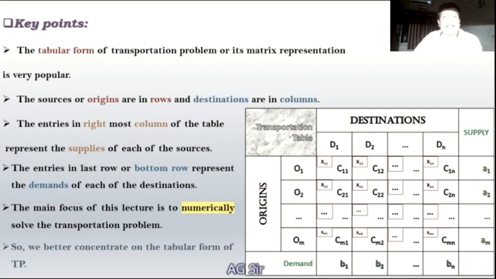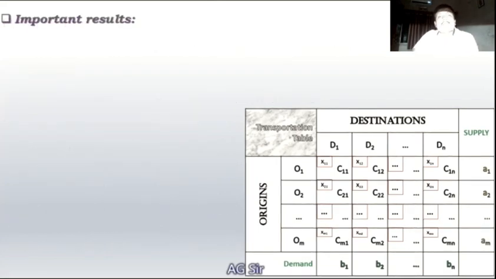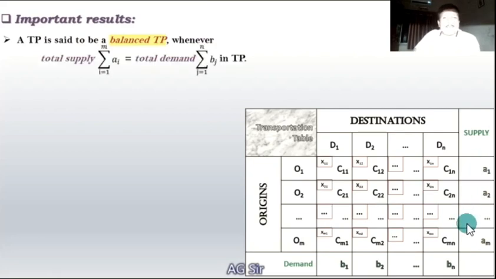Now some important results. A transportation problem is called a balanced transportation problem where the total supply, that is the sum of the supplies from various origins, must be equal to the total demand, that is the demand of different destinations like B1, B2 up to Bn.